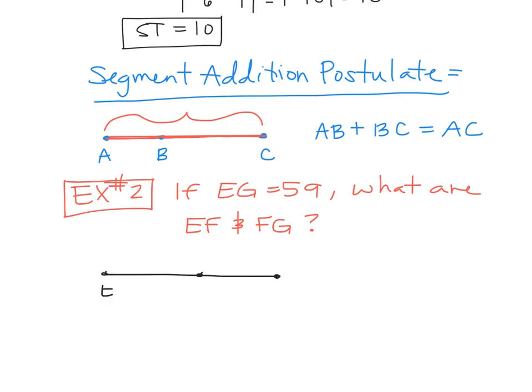Here's E, here's F, here's G. EF is 8x minus 14. FG is 4x plus 1. I'll give you a second to finish drawing that. Solve the problem. If you think you know how to solve the problem, you're welcome to try on your own right now.